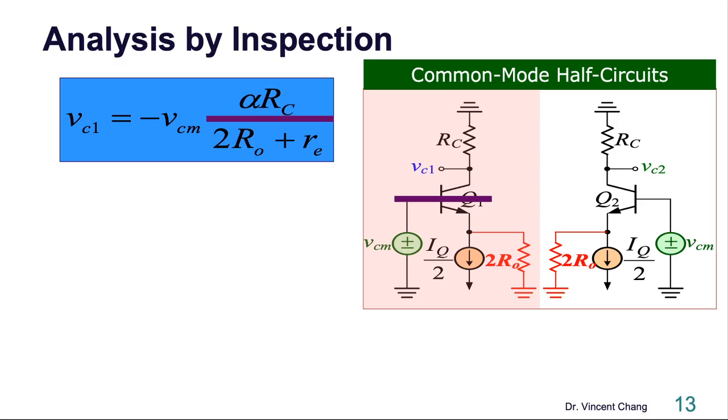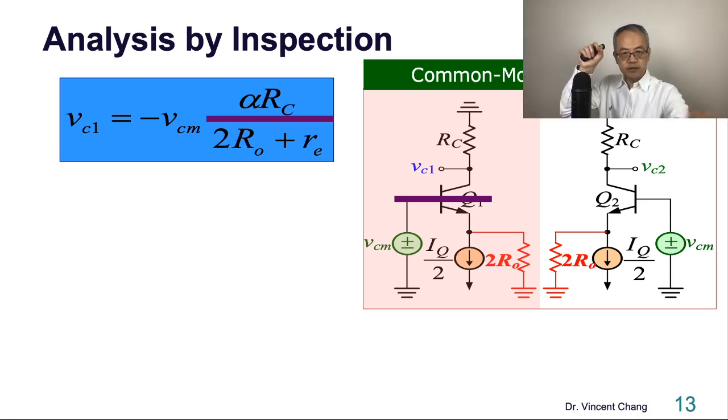Look into the emitter, between base and emitter. Inside is RE, and outside is 2RO. So the total emitter resistance is RE plus 2RO. This is the answer.